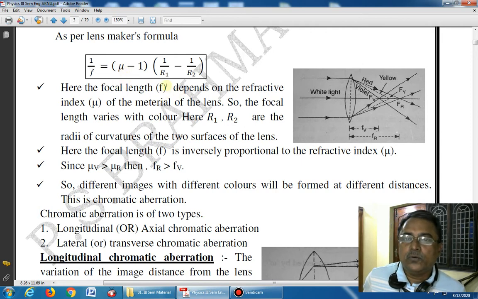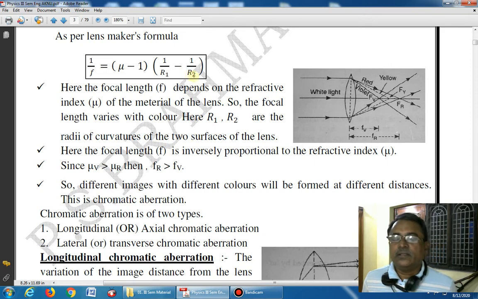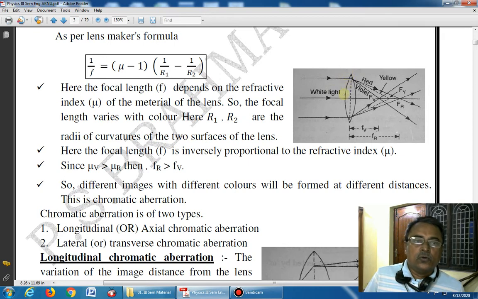And coming to R1 and R2. R1 and R2 are called the radii of curvature of the lens. Here see on the figure, the lens has two surfaces. Take the first surface.